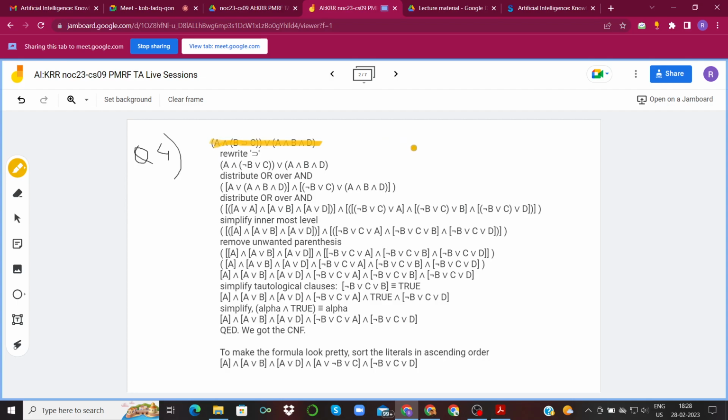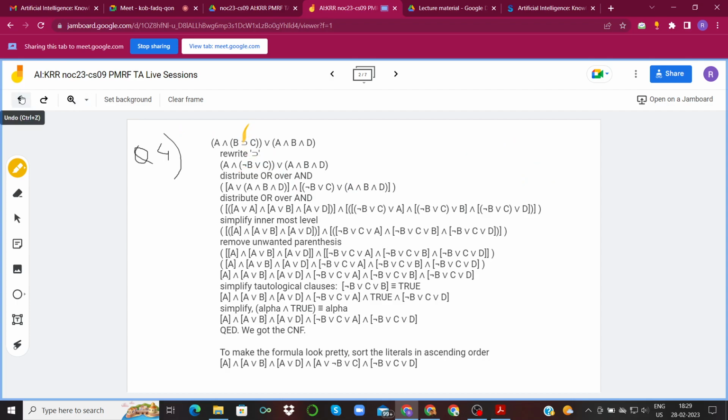So this is the form in which you were given the formula, right? The first thing that you can do is rewrite this implies: B implies C can be rewritten as not B or C. That is exactly what is being done over here. You're first rewriting this implies with not B or C.